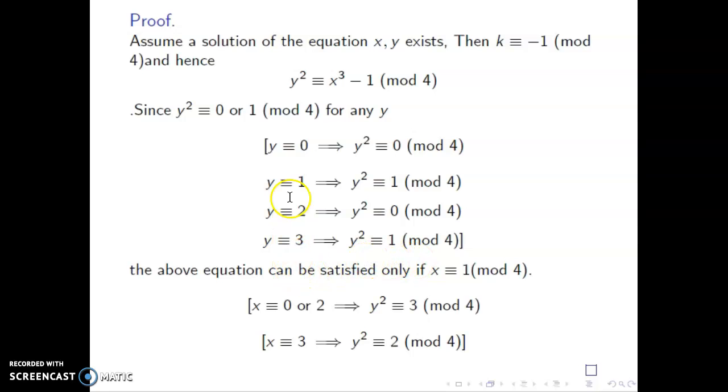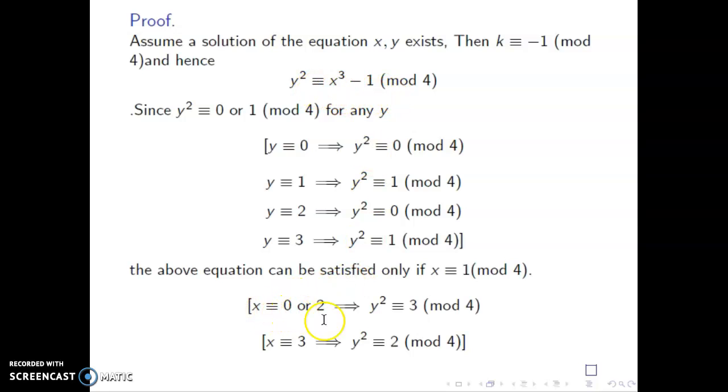And so this equation y squared congruent to x cubed minus 1 mod 4 can be satisfied only when x is congruent to 1. Why? Again we can look at all the possibilities. If x is 0 or 2, when I put x equal to 0, this becomes y squared equal to 0 minus 1, or 3, and when I put x equal to 2, I get 8 minus 1, which is again 3.